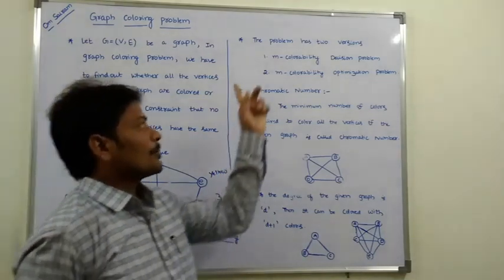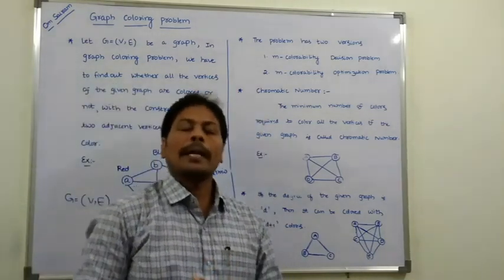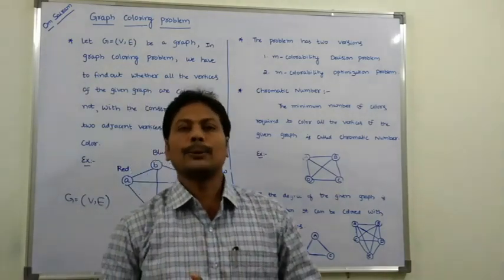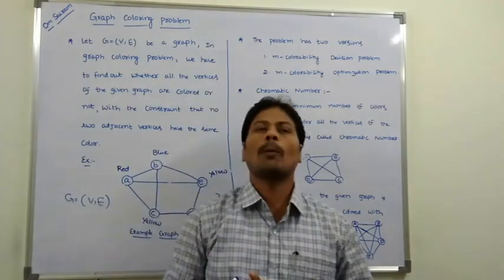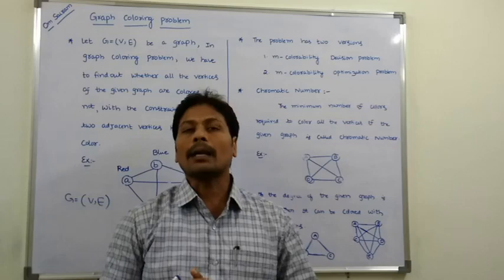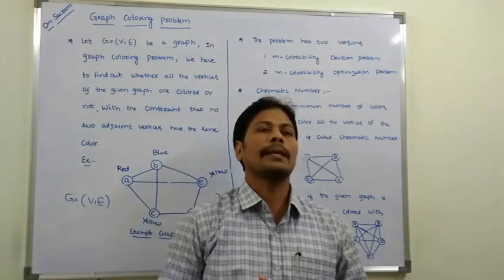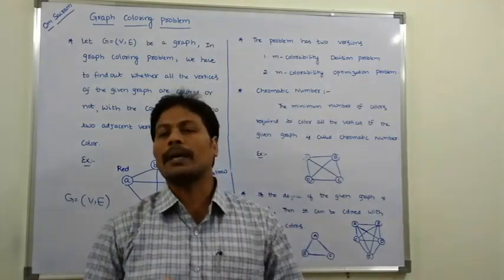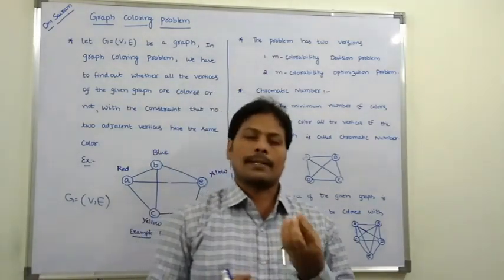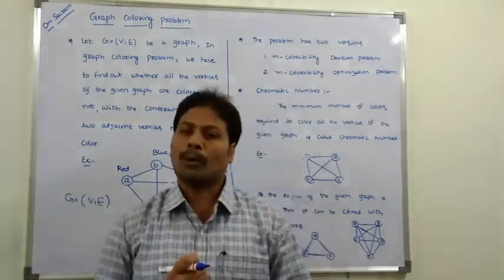Next, the graph coloring problem has 2 versions. The first is the M-colorability decision problem. The second is the M-colorability optimization problem. First, what is a decision problem?